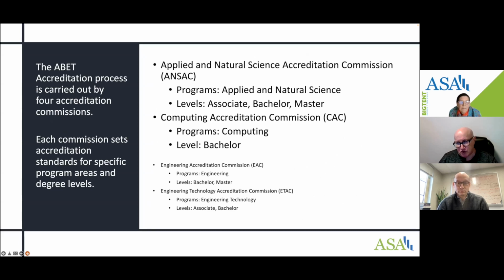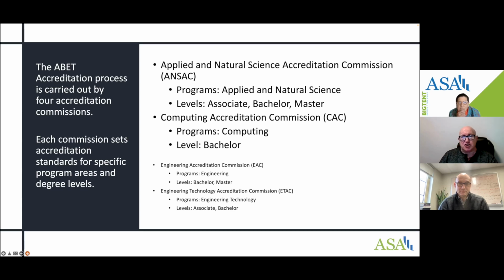Continuing to drill down very briefly into the ABET structure, which is a complicated structure, to be sure. ABET has 4 commissions. The commissions are set up to basically have accreditation standards for various programs and degrees.